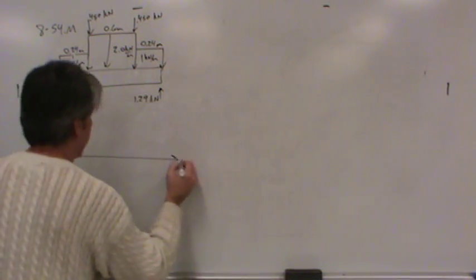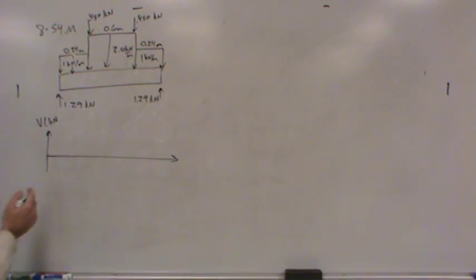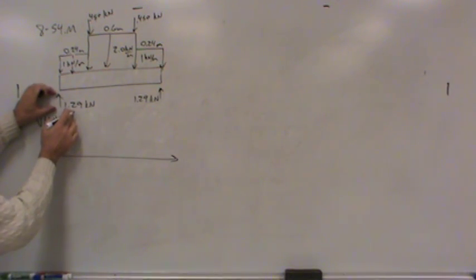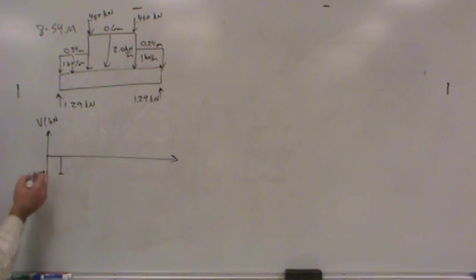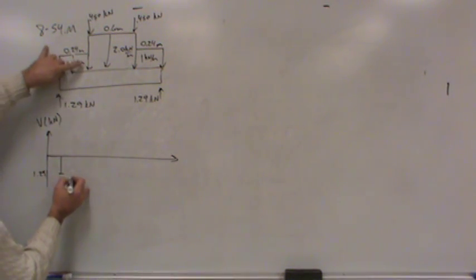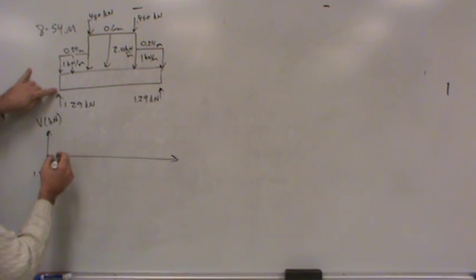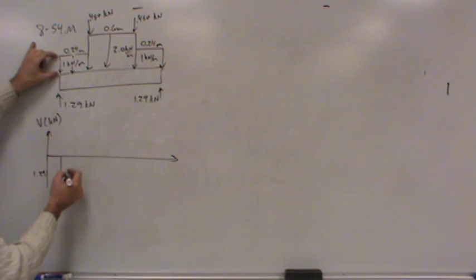The shear diagram in kilonewtons would look like what? Well, we've got 1.29 kilonewtons, so we go down to 1.29 on the negative side. And as we go along, we're going to increase this line at a rate of 1 kilonewton per meter.